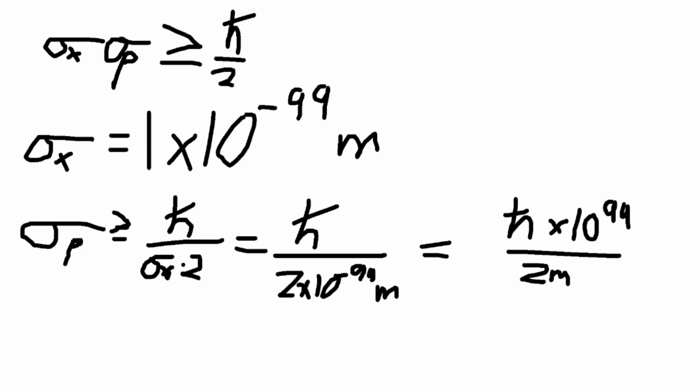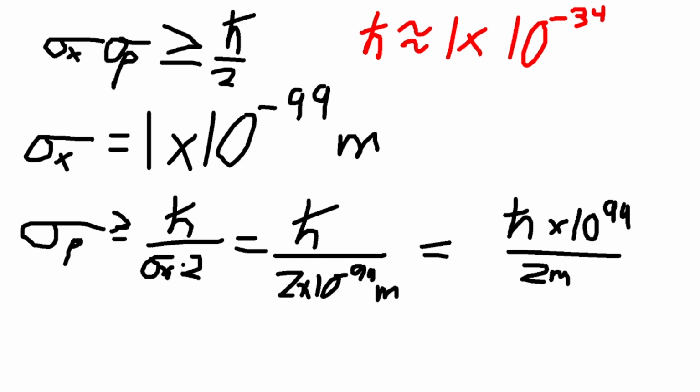So when we want this ridiculously small uncertainty on position, we get a pretty big uncertainty on momentum. But now we're in the regime where it actually matters how small h bar is. So we're going to need to get some actual numbers for that. The actual value for h bar is, roughly speaking, 1 times 10 to the minus 34. I told you it was ridiculously small.